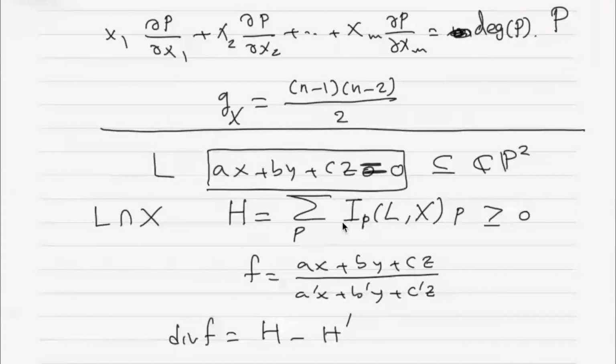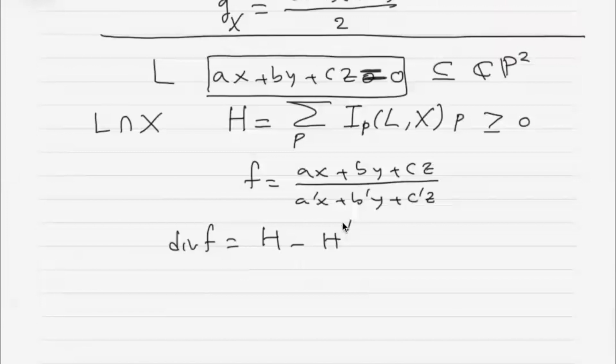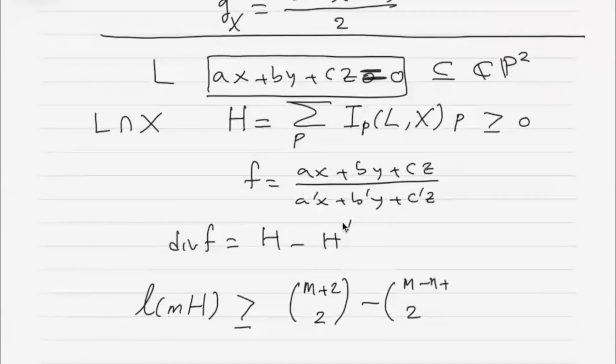Okay, what else did we see? We saw that L of mh is going to be larger than or equal to the number m plus 2 choose 2 minus n minus m plus 2 choose 2. And this was proved also in a very simple and elementary manner.